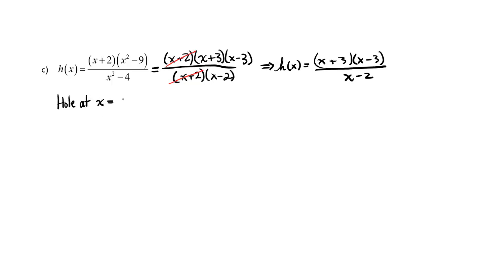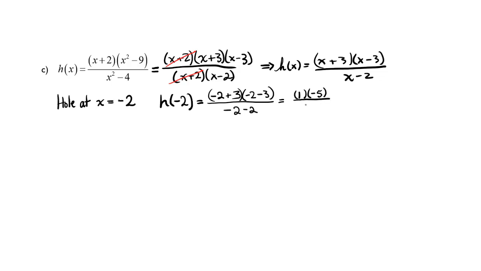x equals -2. To find the y-coordinate of this hole, we take h of x and we substitute -2 in to find the y-coordinate. h of -2 will be (-2 plus 3) times (-2 minus 3) all over (-2 minus 2).